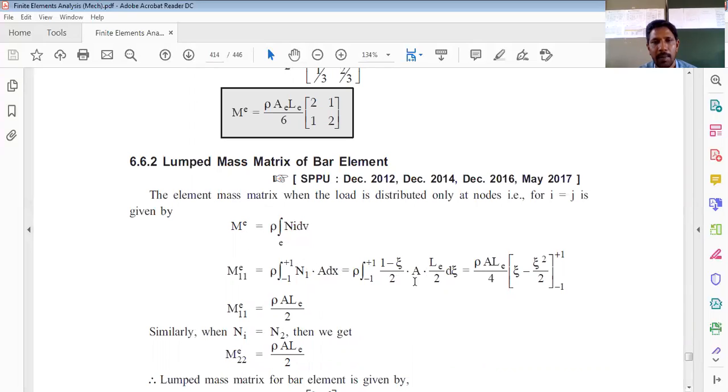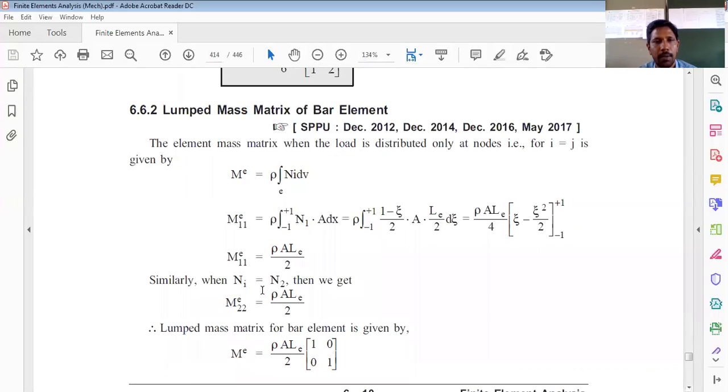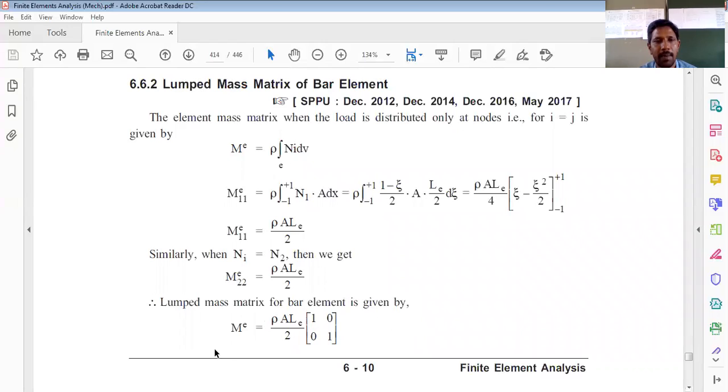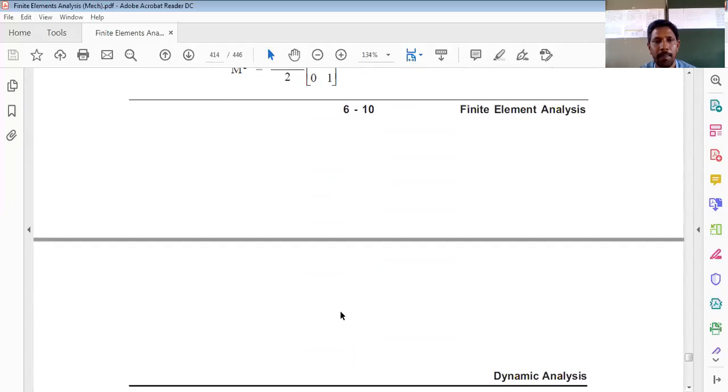So we have 1 minus zeta by 2 times A Le by 2 d zeta. Ultimately what we get is rho A Le by 2. If the mass is concentrated at node number 1, then you get the entry M11, and similarly, if it is at node number 2, we get M22. We get the value rho A Le by 2. So the lumped mass matrix for the bar element is M equal to rho A Le by 2 times the matrix [1, 0; 0, 1].